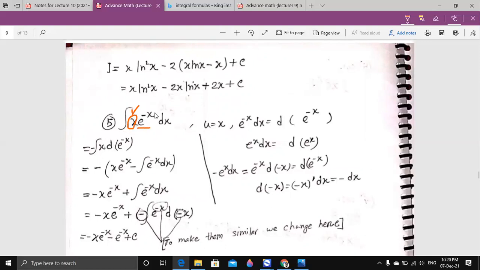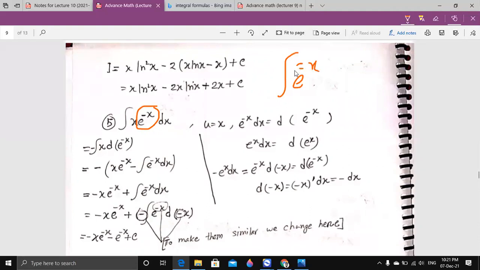If x is equal to u, then you have to convert this function to dv. So you have to find the integration of e to the power minus x.